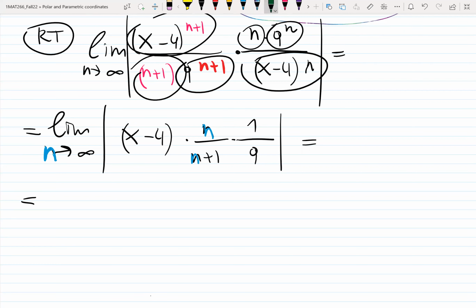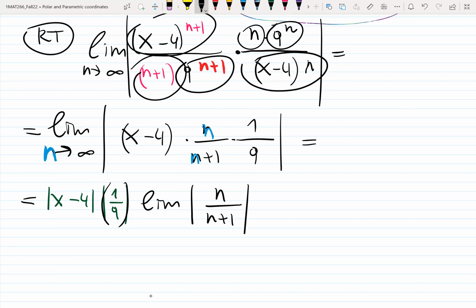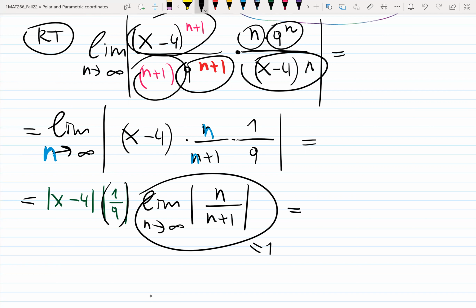Thus everything else I can kick out of the limit. x minus 4 has to be kicked out with absolute value. 1/9 also has absolute value, but because 1/9 is positive, you don't have to write it. The limit of n over n plus 1 is 1, and you don't need absolute value there because in the infinity they're positive. So the answer becomes the absolute value of x minus 4, divided by 9.